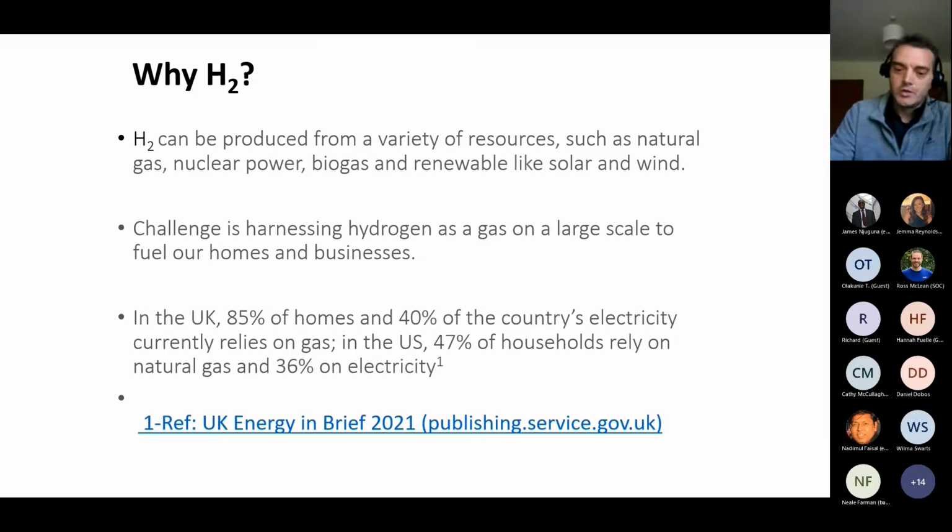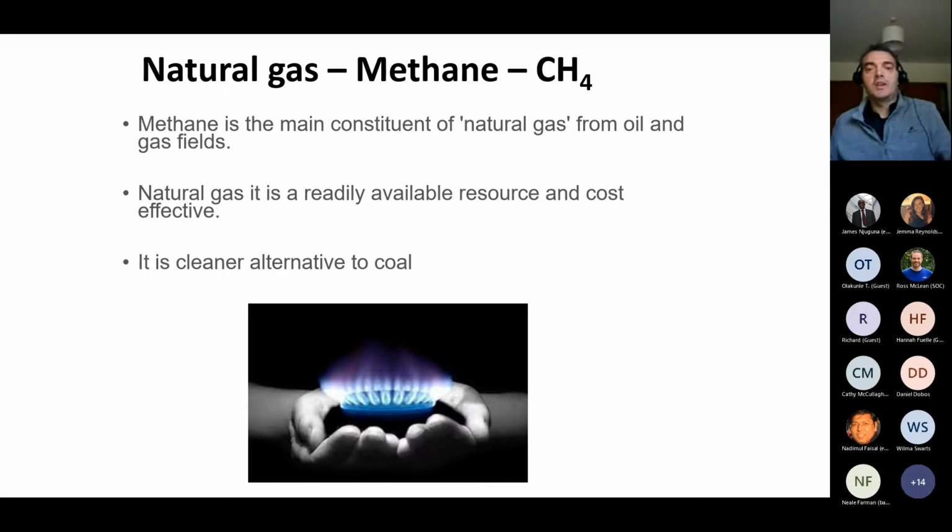So what is natural gas? It is mainly methane. It is a cleaner alternative to coal. Coal has been one of the dirtiest alternatives used for heating our houses and producing electricity, but now we have a cleaner one, methane, natural gas.